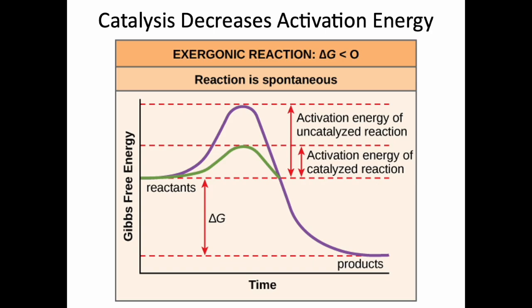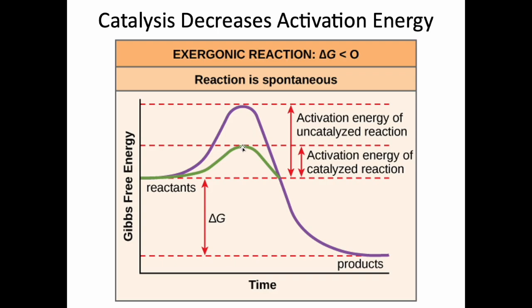So here's our familiar looking graph for an exergonic reaction, high energy reactants, lower energy products. The purple line here is our normal reaction we've been seeing. When a catalyst is used, that's what the green line is.